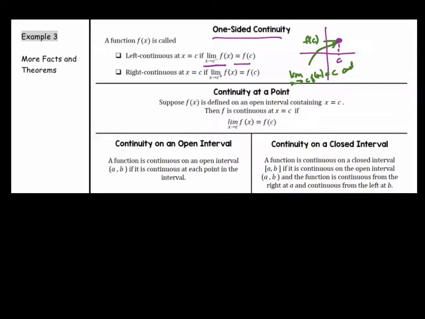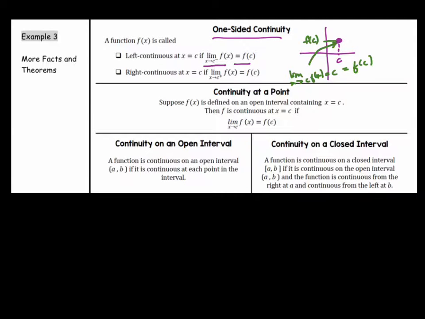So if it ends in the dot coming from the left, it's left-sided continuous. And let's say f of c.